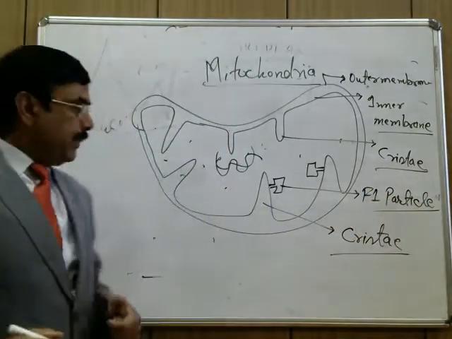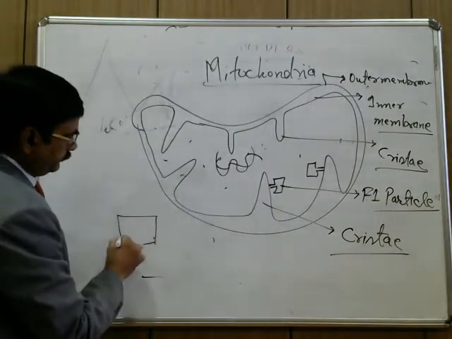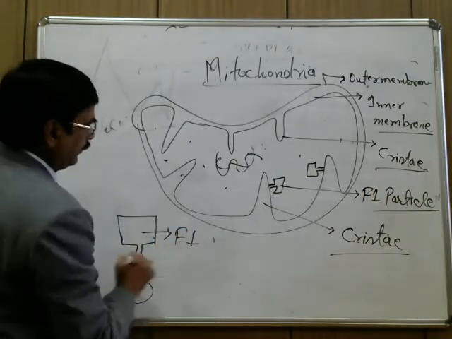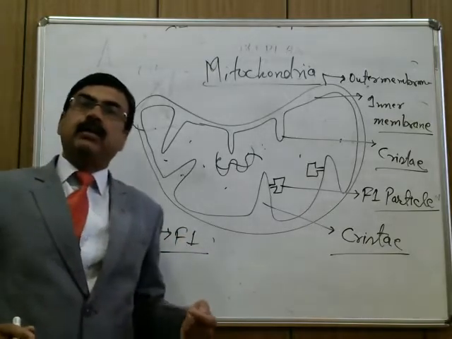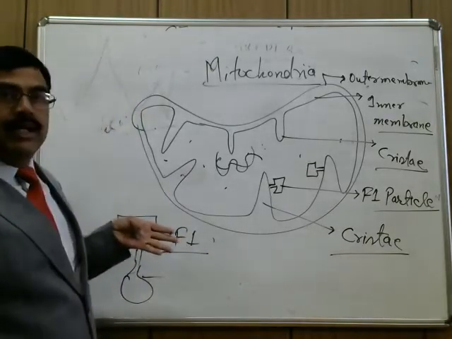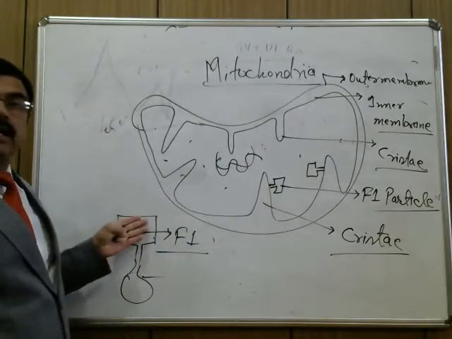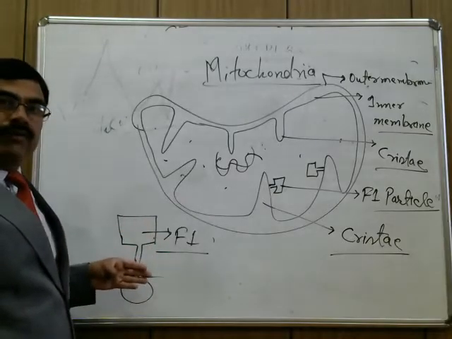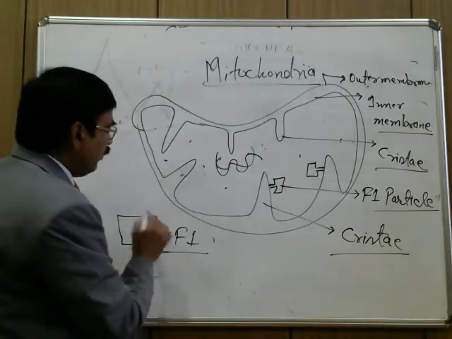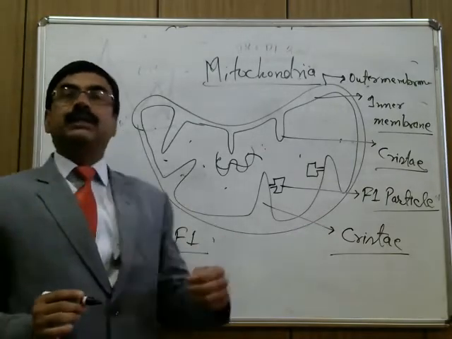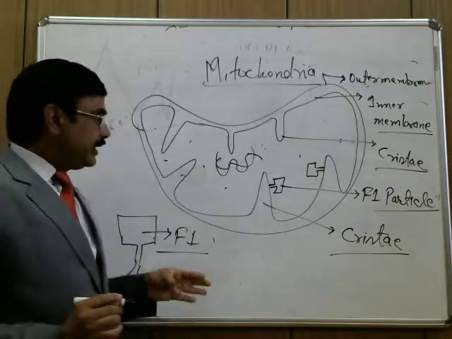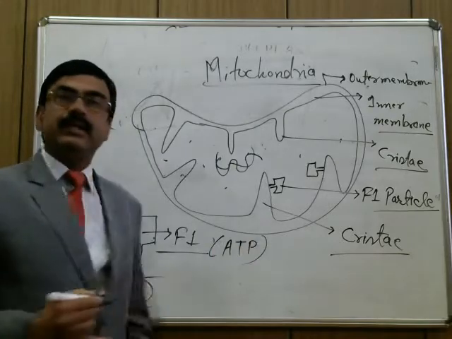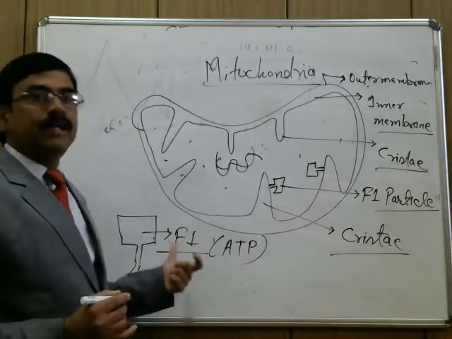Now, the F1 particle is important in this mitochondria. The F1 particle head region is called F1, then F0. So this F1 is producing the energy. It generates the energy in the form of adenosine triphosphate, ATP.